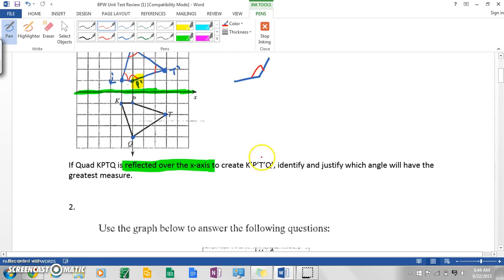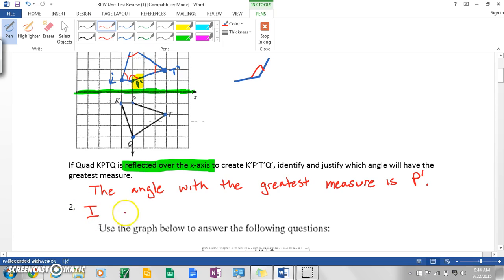Okay, so if it was reflected over the x-axis to create this new image, identify which angle would have the greatest measure. The angle with the greatest measure is P prime, because that's our new image.